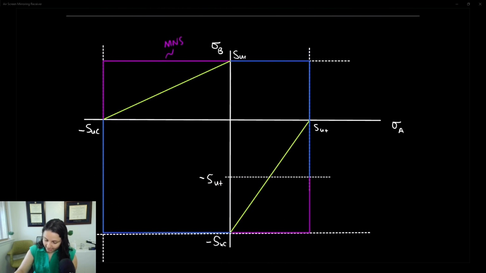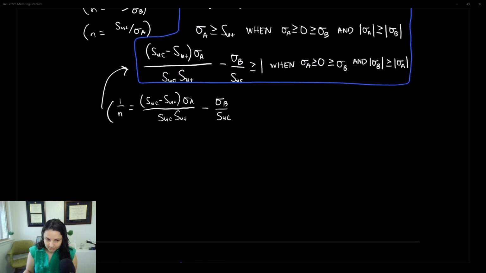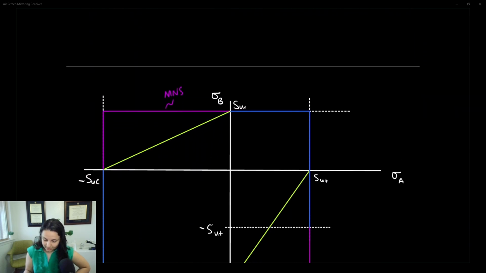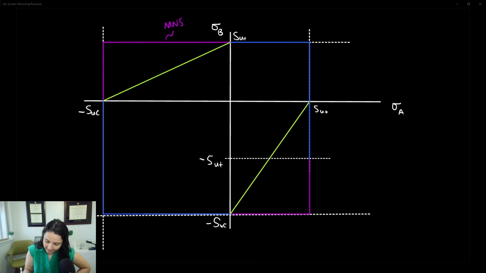The magnitude of sigma A is going to be greater than the magnitude of sigma B up until this point. And at this point, sigma B is going to be greater than sigma A. When we reach that transition point, we now use this line here. This line is again a straight line in terms of sigma A and sigma B. I'll just tell you, and you can prove it to yourself later, that this line connects the end of this line to the end of this line.